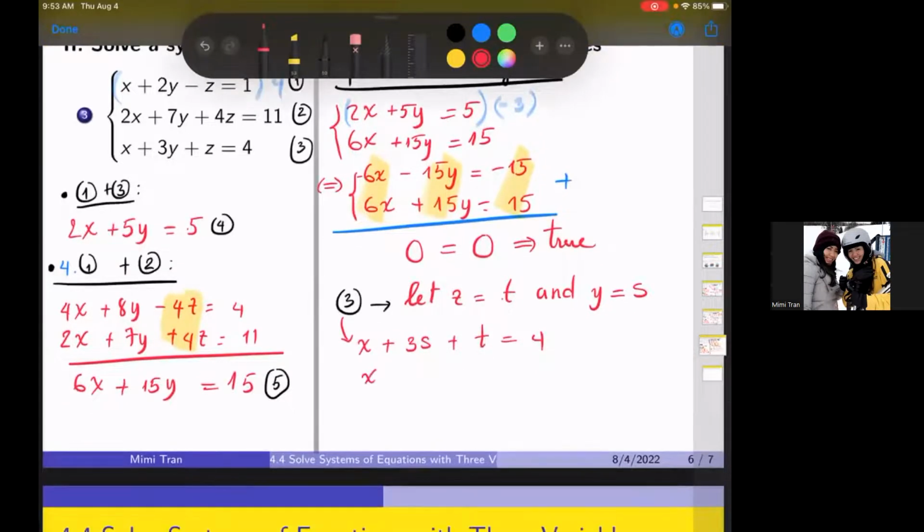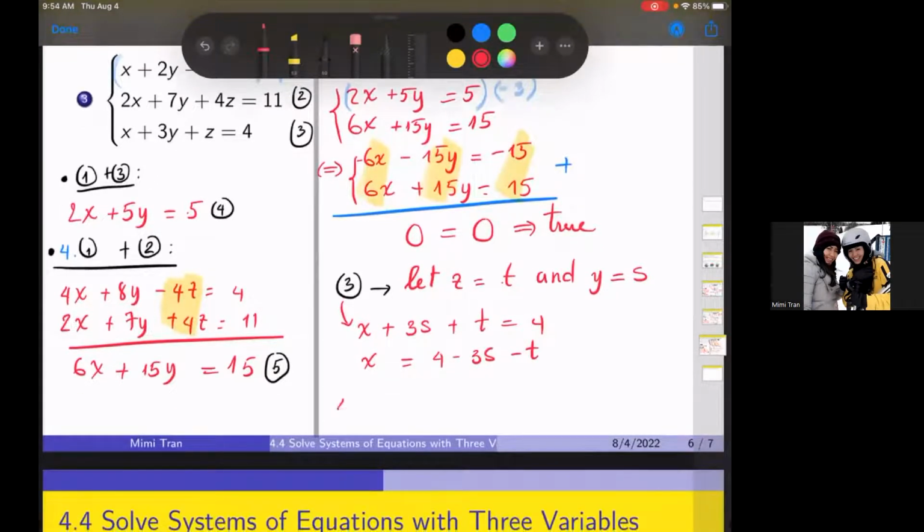Solve for x means subtract everybody. So it's gonna be 4 minus 3s minus t. So far, so good. And that's your solution. So the solution is x is 4 minus 3s minus t, comma, y is s, and z is t.